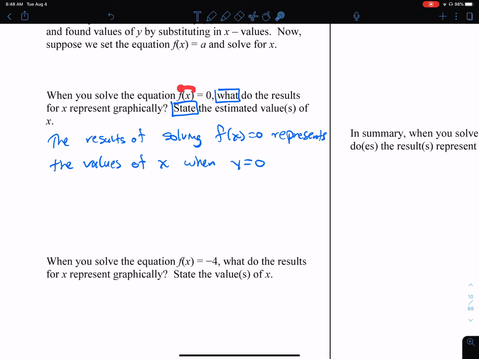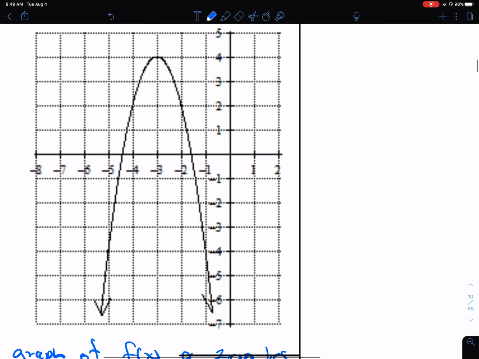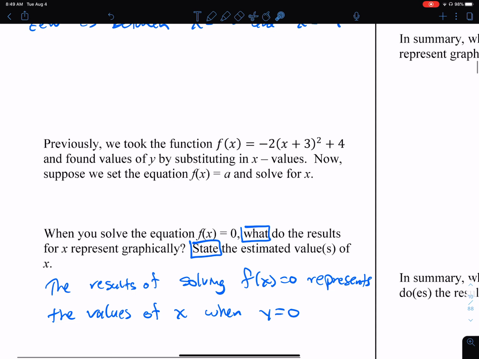Remember we said at the beginning, f of x is the same as y, so it's saying y is 0. Looking at our graph, what would you estimate those to be? This one here, maybe -4.5, negative 4.4, it's an estimate. This one here, maybe -1.6 or -1.7.